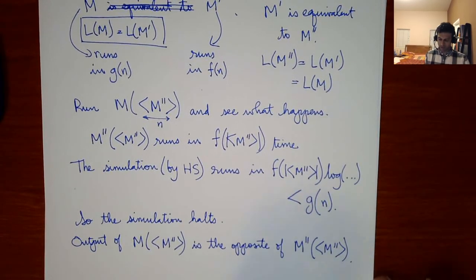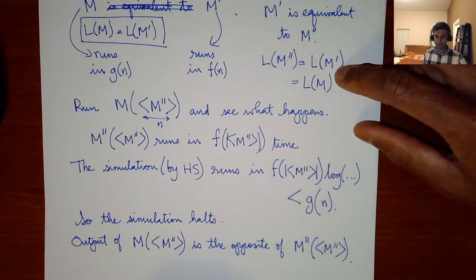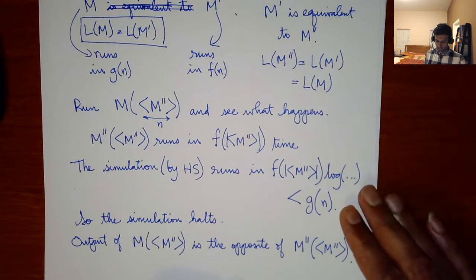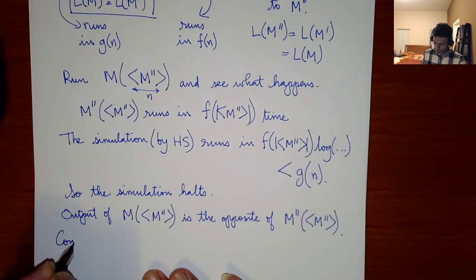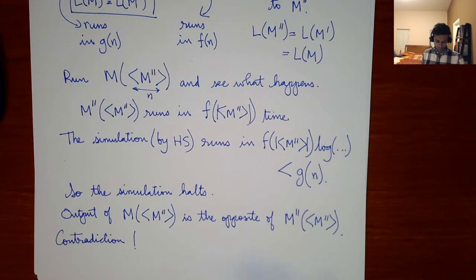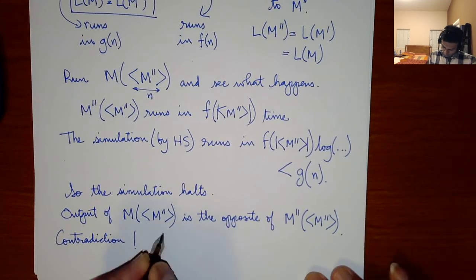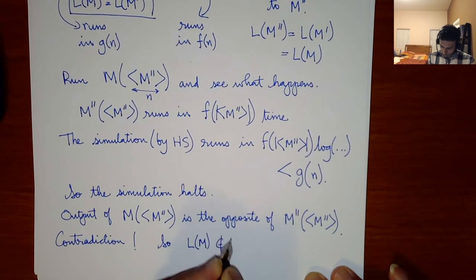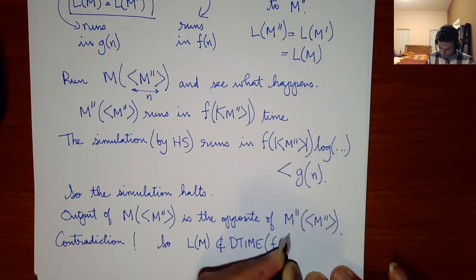But that's a contradiction, because we said that the languages have to be the same. So that's a contradiction. So L of M is not in DTIME f of n.